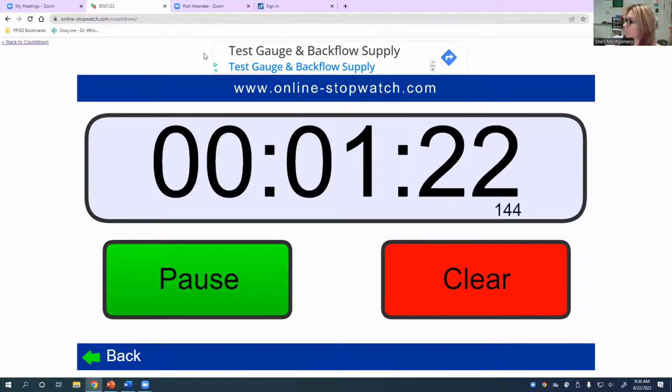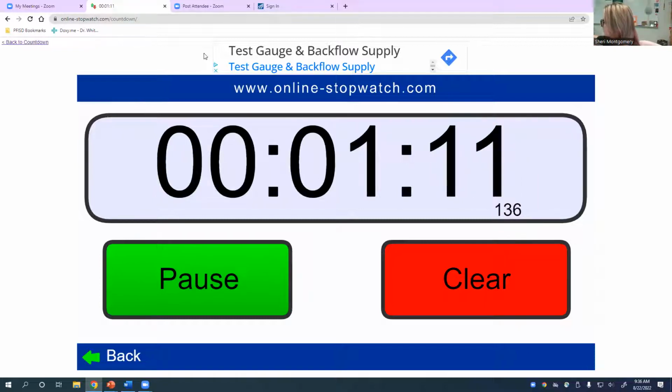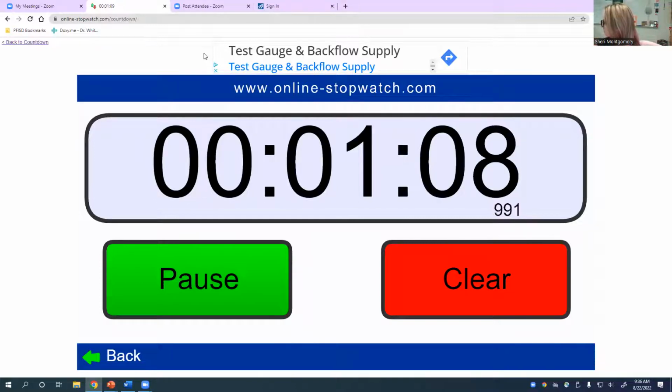Well, and what's worse is that the one for TSI, it's on the computer screen. That's tough.